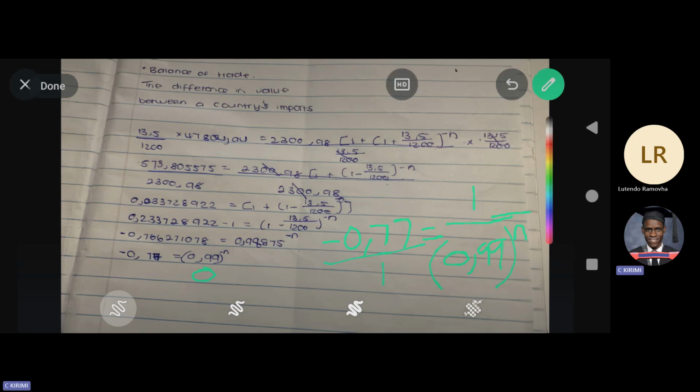Cross multiplying, you get 0.99 to the power n equals 1 divided by negative 0.77. What are you getting?